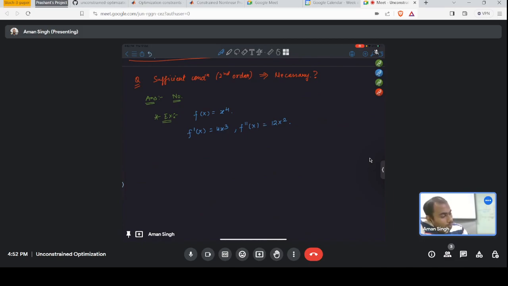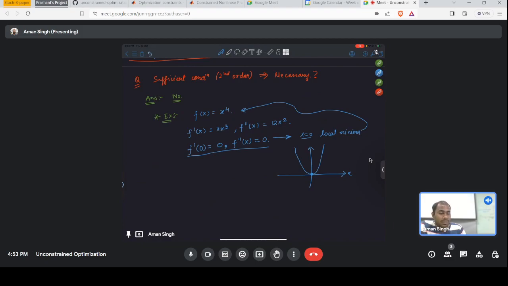So now f'(0) is 0, f''(0) is equal to 0, correct? But it is known that x equal to 0 is a local minima for x to the power 4. Okay, this is a known fact. If you would plot it, it will be something like this. At 0 its value is 0 and it's a local minima, but these conditions are not true.